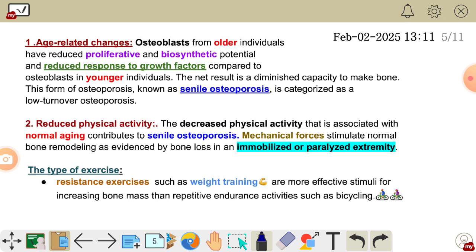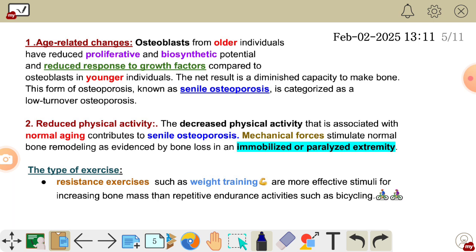But how? The decreased physical activity that is associated with normal aging contributes to senile osteoporosis. Mechanical forces stimulate normal bone remodeling, and this is evident by bone loss in an immobilized or paralyzed extremity.